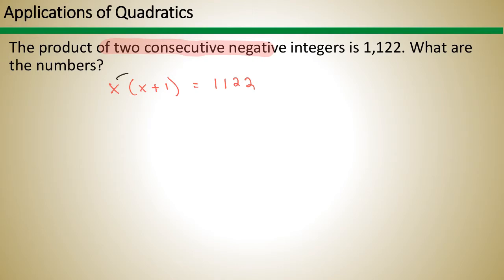Now, just like the last problem, let's simplify this. If I distribute X, I get X squared plus X is equal to 1,122. And now, just like the last problem, we are going to move that number to the left side, and I get X squared plus X minus 1,122 is equal to 0.